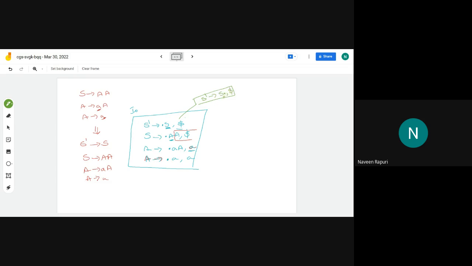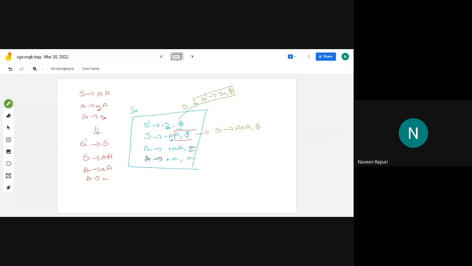So this is ended with dot, so we cannot add anything else. This is on capital S. Now, if we see here, S derives A dot capital A comma dollar.